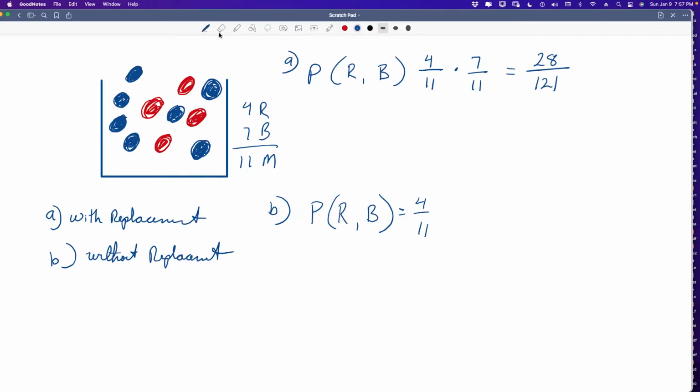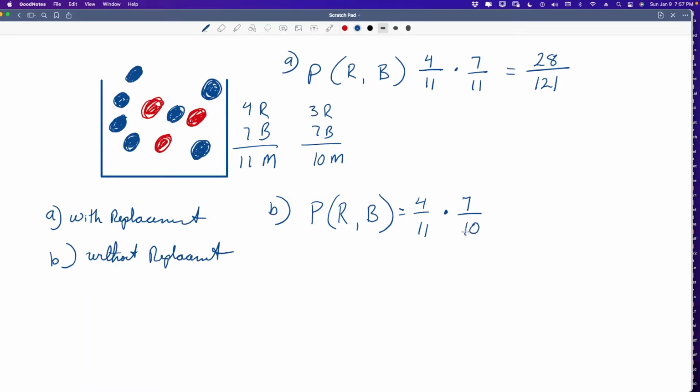But I keep that red one out. So I erase a red one. Now this changes. So now I have 3 red, 7 blue, but only 10 marbles total. So now when I take my second draw, because the number of marbles has changed, my probability is going to change. So I have a 7 marble opportunity there, but only out of 10 marbles because I kept the first one out.